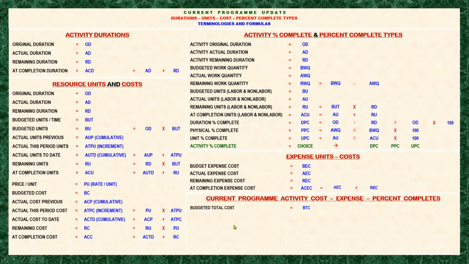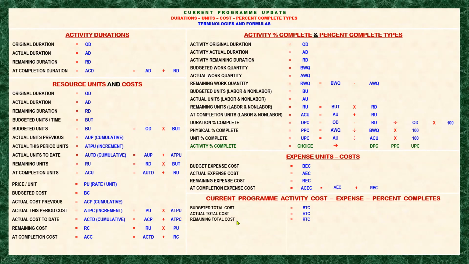Okay, next is the actual total cost. That means this actual total cost is also the summation of the cost of all the resources assigned into the activity. Next is the remaining total cost, the same thing.